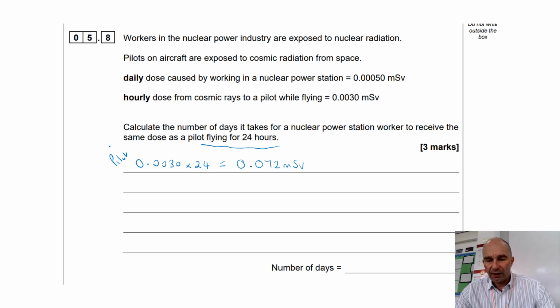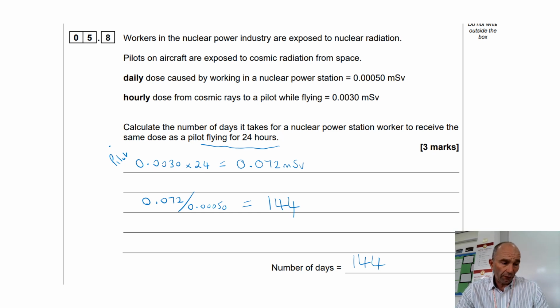So how long does it take to get that dose? So we need to take that 0.072 and we need to divide it by the daily dose of a worker in a nuclear power station. And again, you just got to be careful, making sure you get the right number of zeros in this particular question. So if you do that calculation, that will give you 144. So the answer would be 144 days.